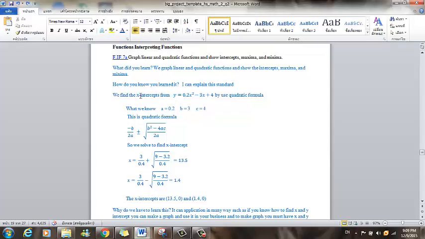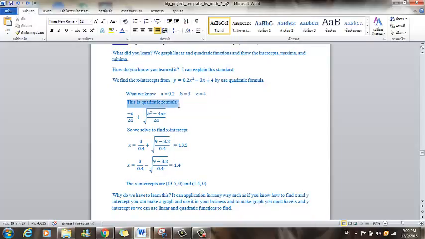We find the x-intercept from y equal to 0.2x squared minus 3x plus 4 by using the quadratic formula. The first one is A, the second one is B, and the last one is C. So A is equal to 0.2, B is equal to 3, and C is equal to 4.